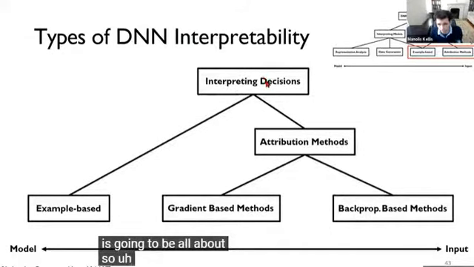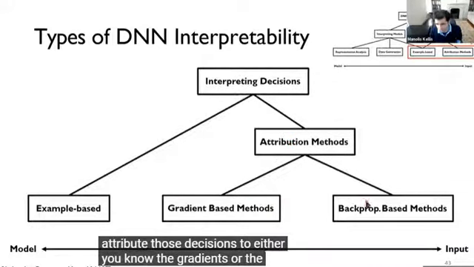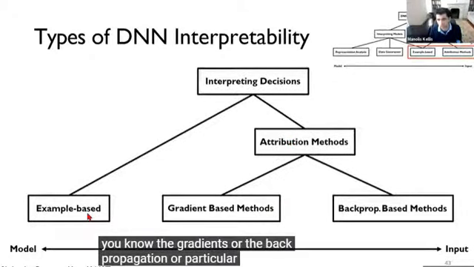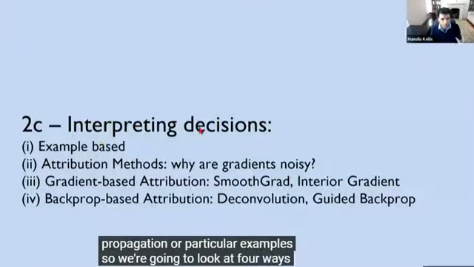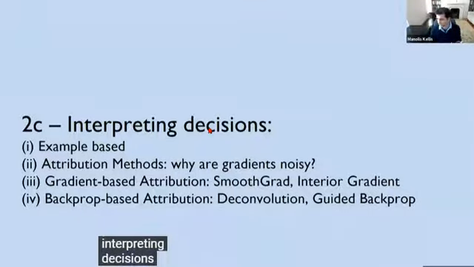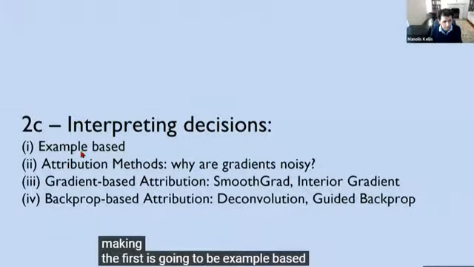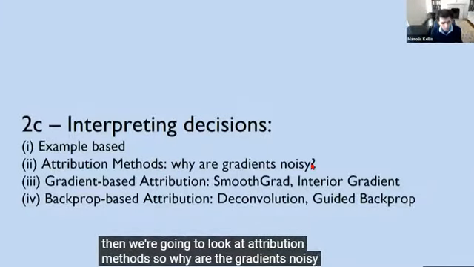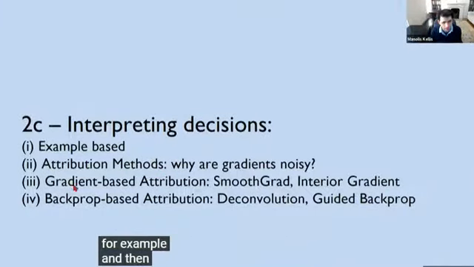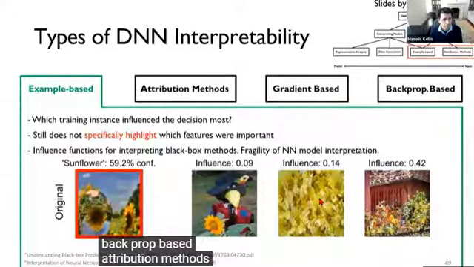So how do we attribute those decisions to either the gradients or the backpropagation or particular examples? We're going to look at 4 ways of interpreting decisions that deep learning models are making. The first is going to be example based. Then we're going to look at attribution methods, so why are the gradients noisy, for example? And then gradient based attribution and backprop based attribution methods.